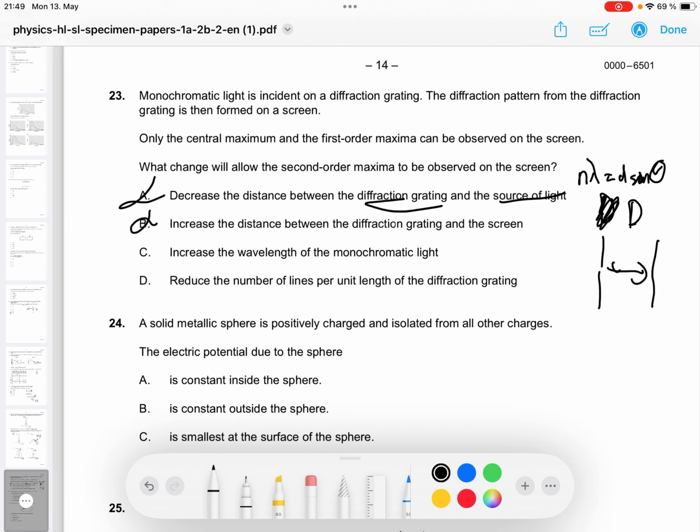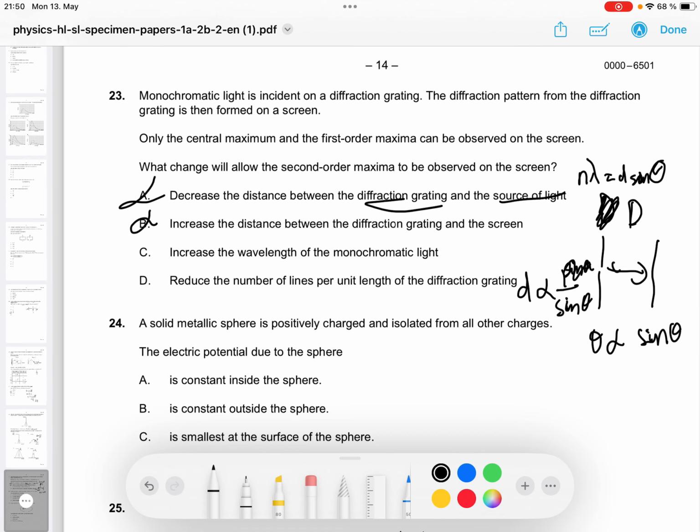So we're looking at something that will minimize the angular separation, and as d is inversely proportional to sine theta, we know that the bigger d gets, the smaller sine theta gets, and theta is directly proportional to sine theta, and increasing the angular separation will only decrease the number of maxima that we can see.